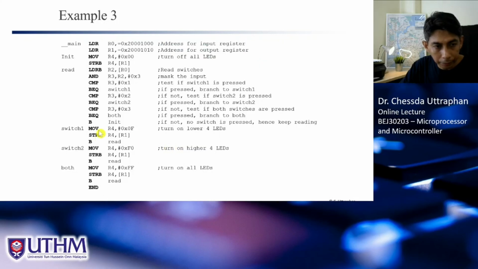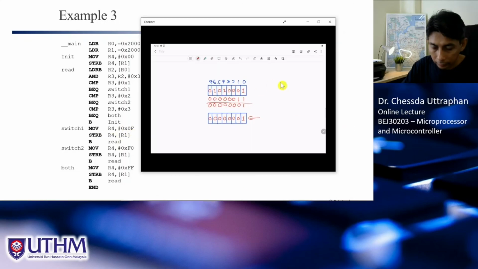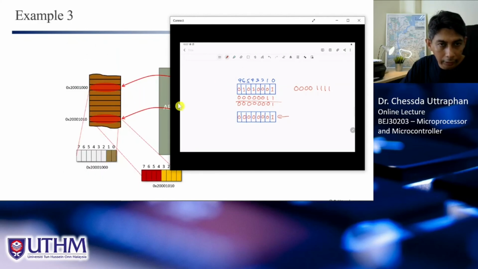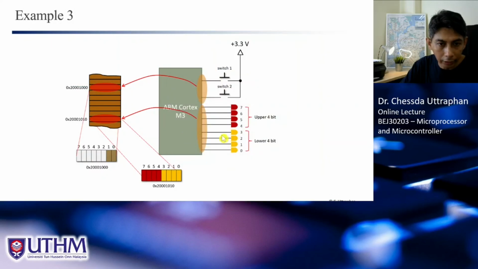So this is how we move 0F. 0F in 8-bit is 0, 0, 0, 0, 1, 1, 1, 1. When we send this to the output register, which is R1, the LED will turn on.